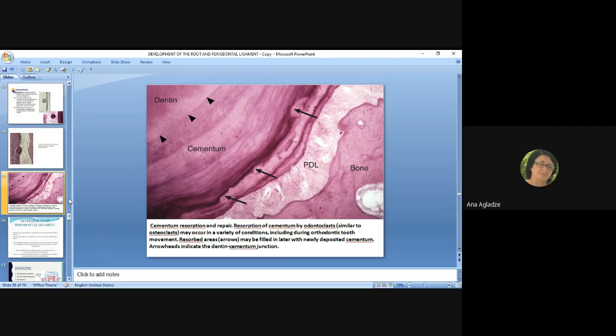They are similar to osteoclasts, and this may occur in a variety of conditions, including orthodontic tooth movement. You can see resorbed areas may be filled in later with newly deposited cementum, and these arrowheads indicate the dentin cementum junction.